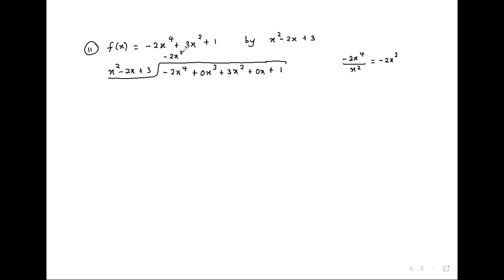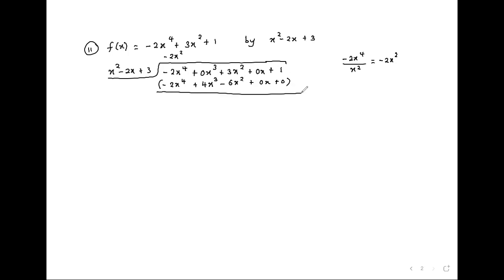Negative 2x squared times x squared, we have negative 2x to the power 4. Negative 2x squared multiplied by negative 2x, we're going to get positive 4x to the power 3. Again, negative 2x squared multiplied by 3, we're going to get minus 6x squared. Oh, then I can put 0x and there's 0.